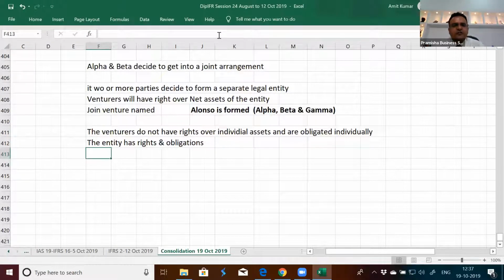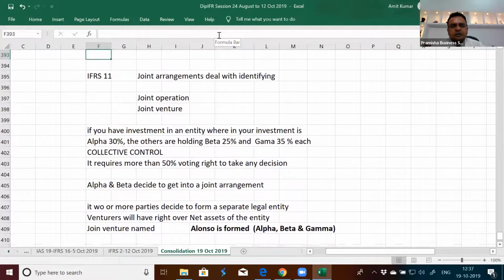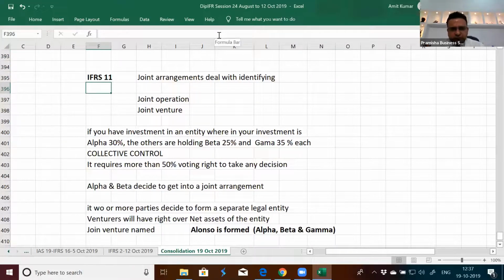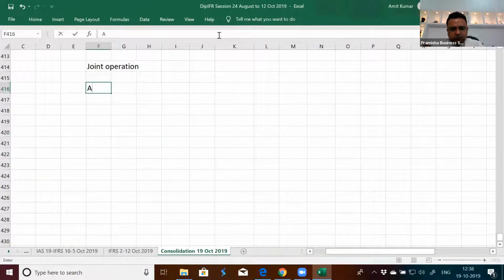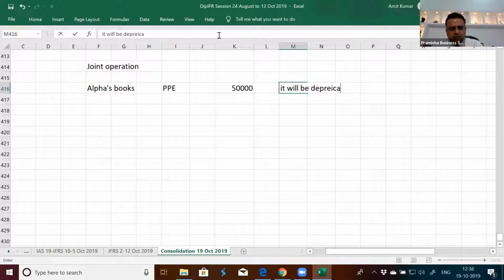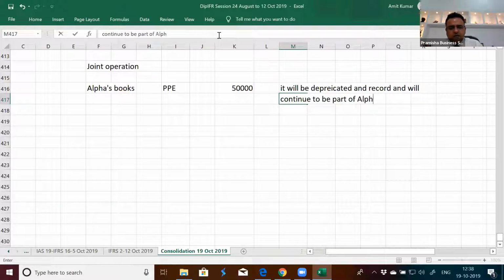So the role of IFRS 11 Joint Arrangements is to decide whether a joint arrangement exists or not. If there is a joint arrangement, we further decide whether it is an operation or a joint venture. If it is a joint operation, the machinery which is part of Alpha's books, there is a PPE recorded at 50,000, it will be depreciated and recorded and will continue to be part of Alpha's books.